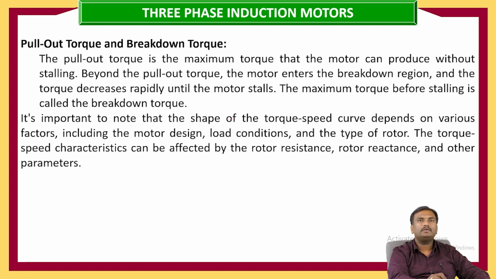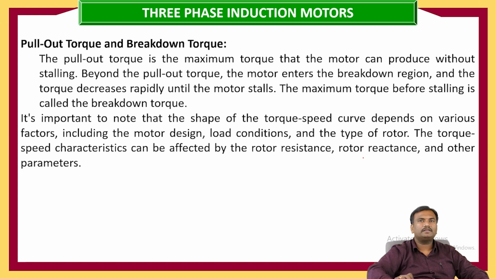It is important to note that the shape of the torque speed curve depends on various factors including motor design, loading conditions, and the type of rotor, the torque speed characteristics, which can be affected by the rotor resistance and rotor reactance and other parameters.